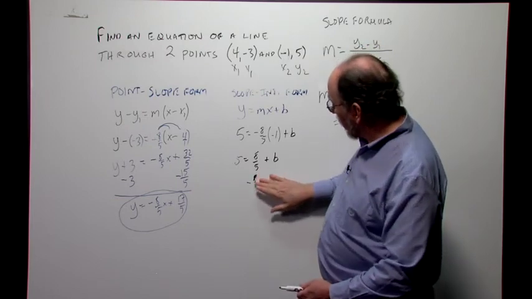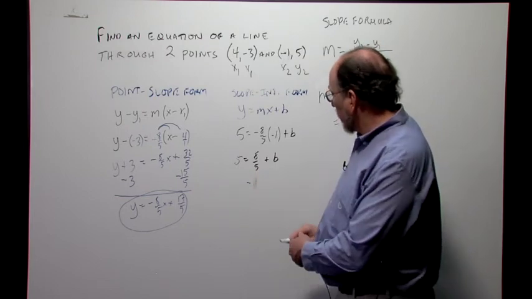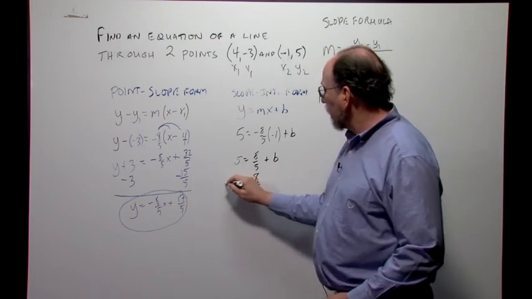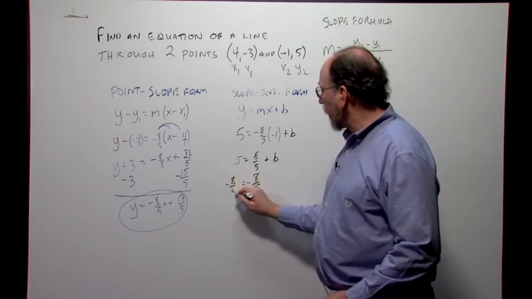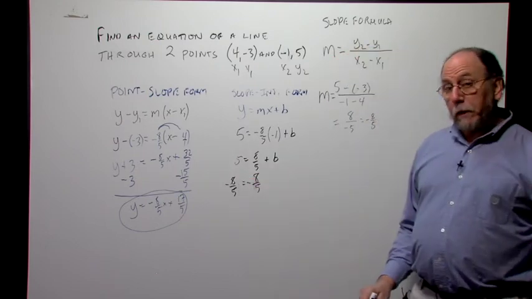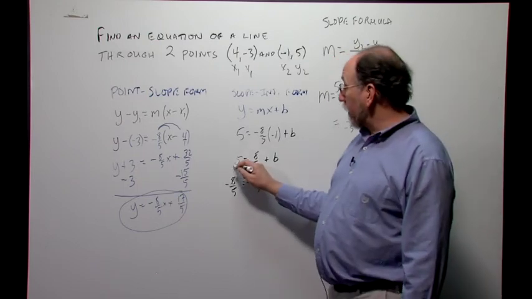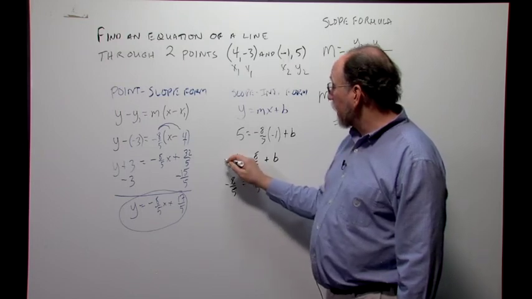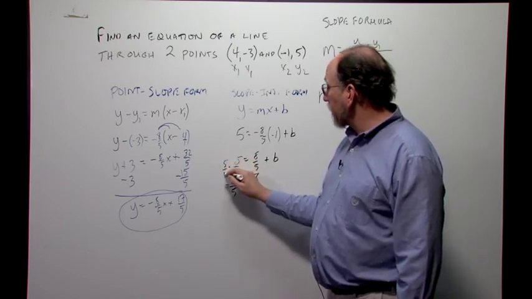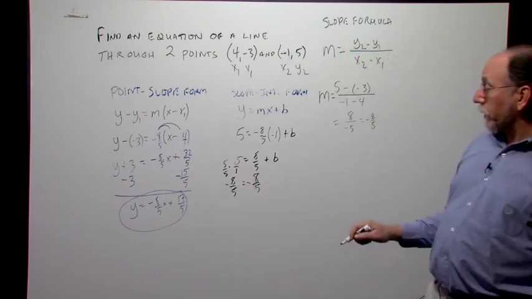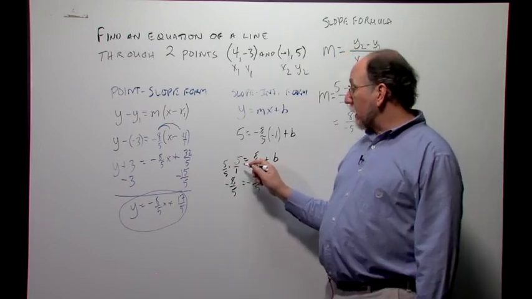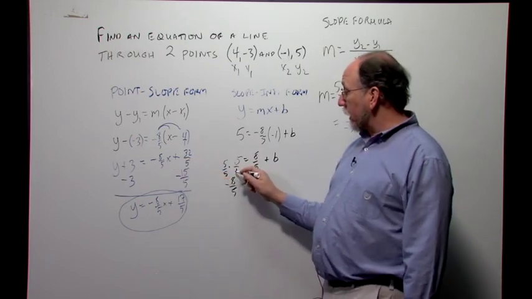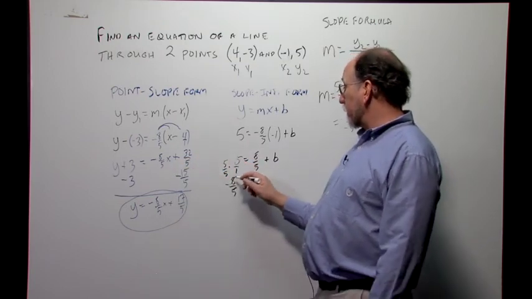Well, let me write that a little better. And again, I have that problem with the denominator. I don't have a common denominator here. This is 5 over 1. So if I want to change that to something usable, then I'm going to multiply by 5 over 5 again. I didn't write it out over there, but that's what I did with 3 here too.